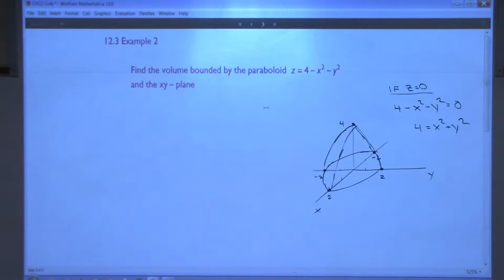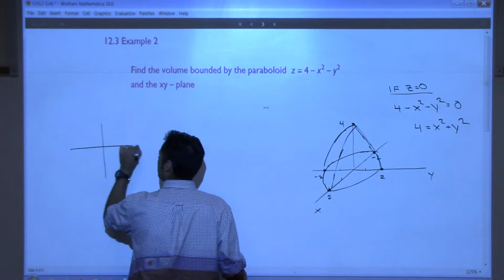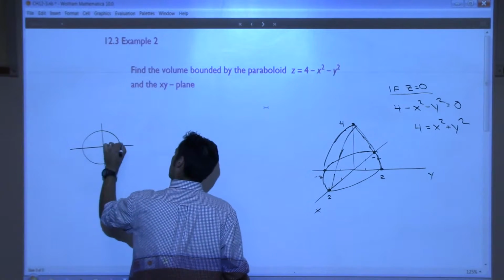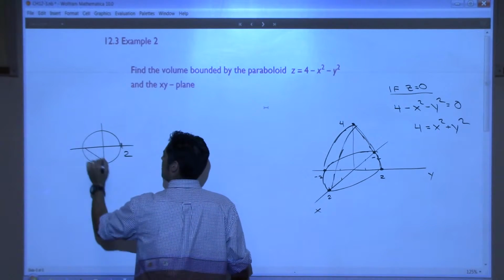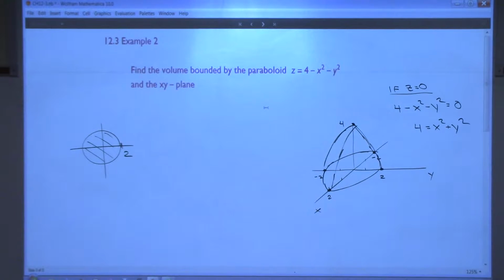So what is my region of integration? What's the floor that I'm integrating over? It's this circle, right? So I'm going to draw the region of integration over here. It's that entire thing. And I could do that maybe as a type 1.